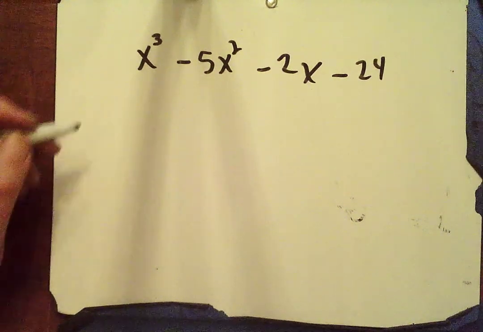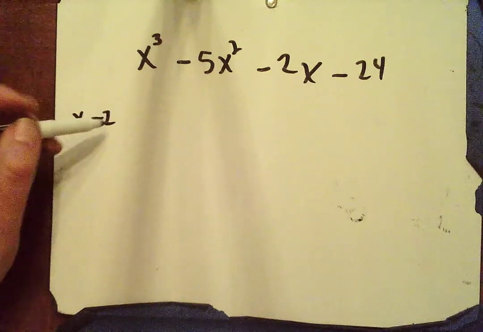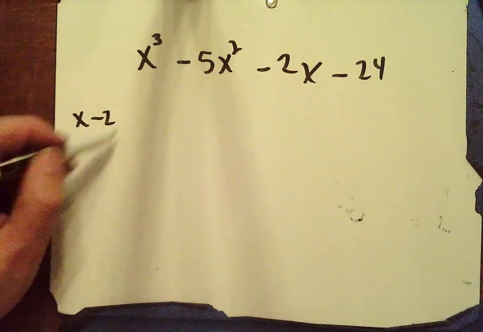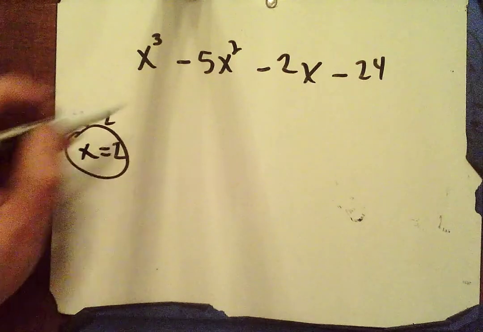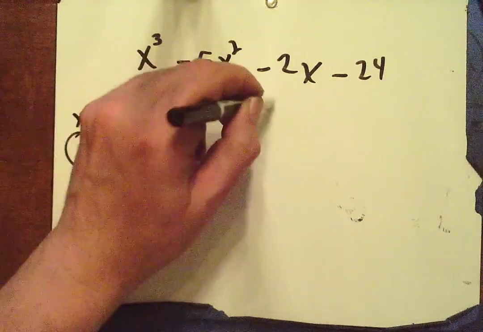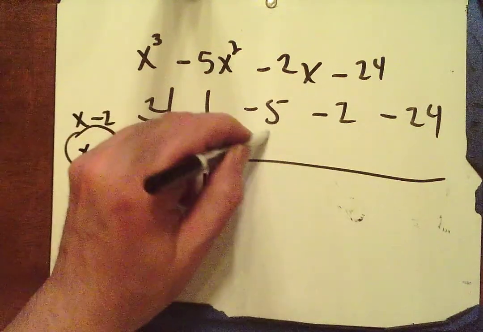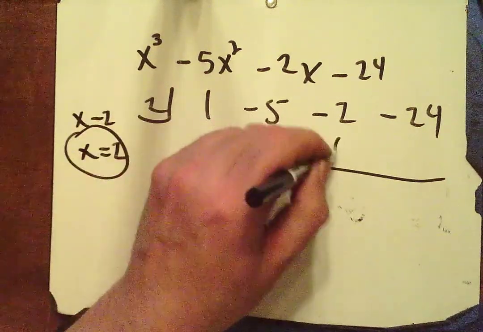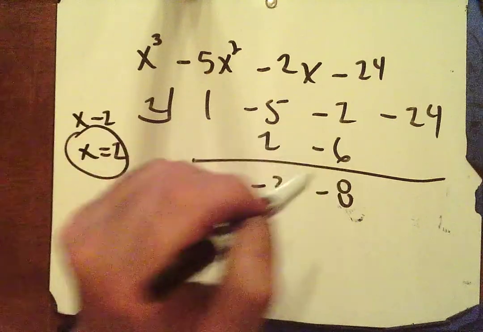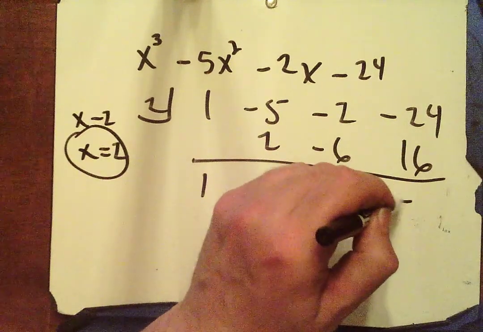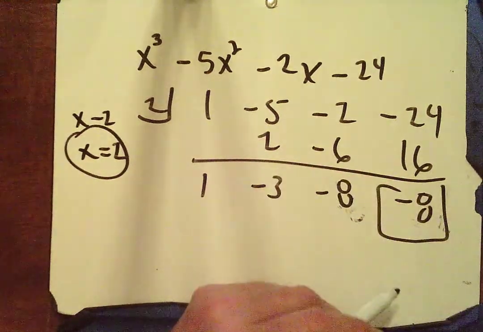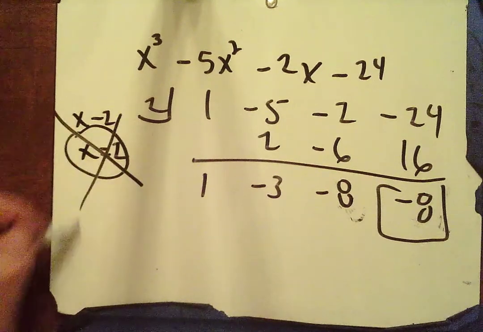I see the factor x minus 2, but since I'm doing synthetic division, that means I use x equal to 2. 2, 1, negative 5, negative 2, negative 24. 1, 2, negative 3, 6, negative 8, 16, negative 8. Why, look, a remainder that's not 0. So that one doesn't work.